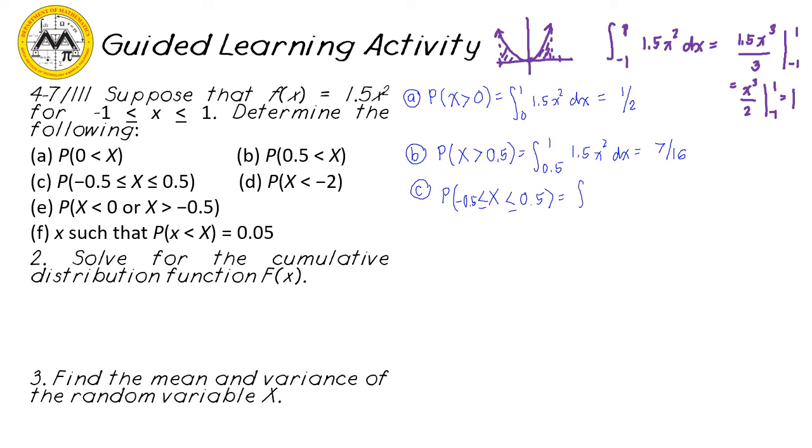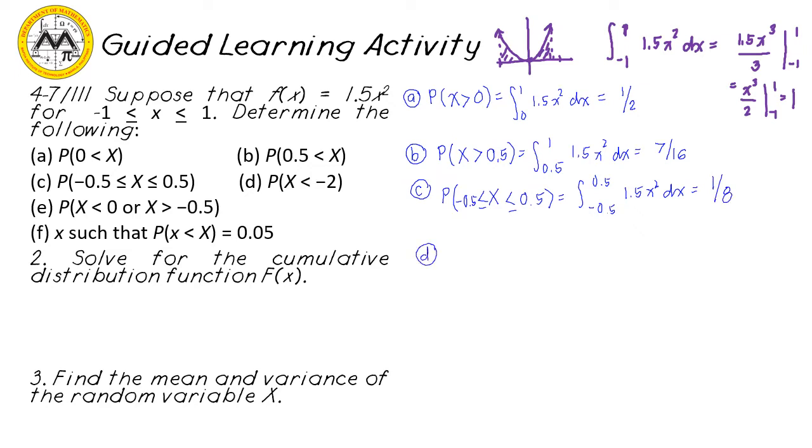So it's the integral from negative 0.5 to positive 0.5 of 1.5 x squared dx. So that is 1 over 8.